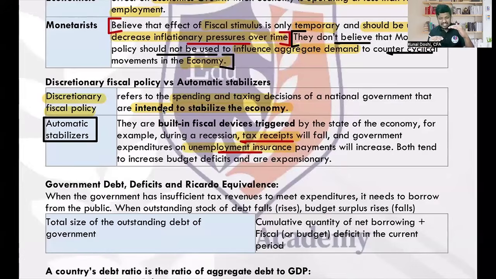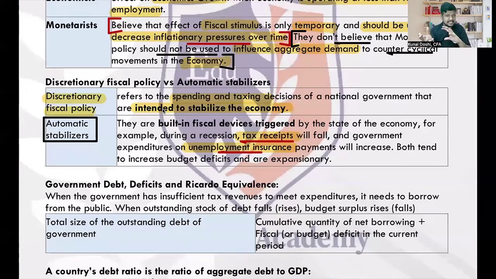If the economy is in recession, the fiscal policy has to be expansionary, and it will automatically be expansionary. Why? Because the tax collection will be low and more unemployment benefit will be paid. And if the economy is in expansion, the fiscal policy needs to be contractionary to control inflation. It will automatically happen. How? Because with more profits, more tax will be paid and fewer unemployment benefits.